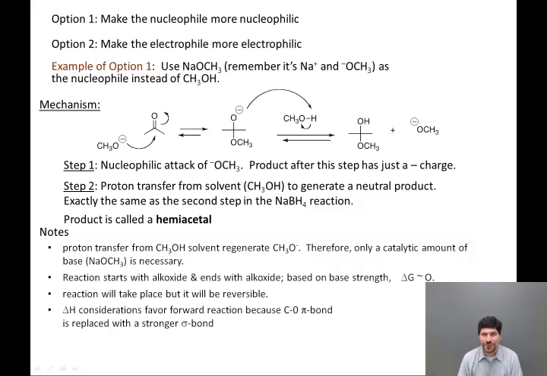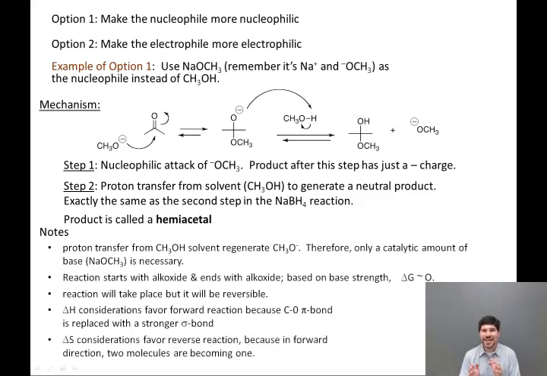Delta H considerations favor the forward reaction because the C=O pi bond is replaced with a stronger C-O sigma bond. So strictly in terms of bond energies, it's going to want to go towards the right. However, delta S considerations favor the reverse reaction because, as we've already said, in the forward reaction two molecules are becoming one.